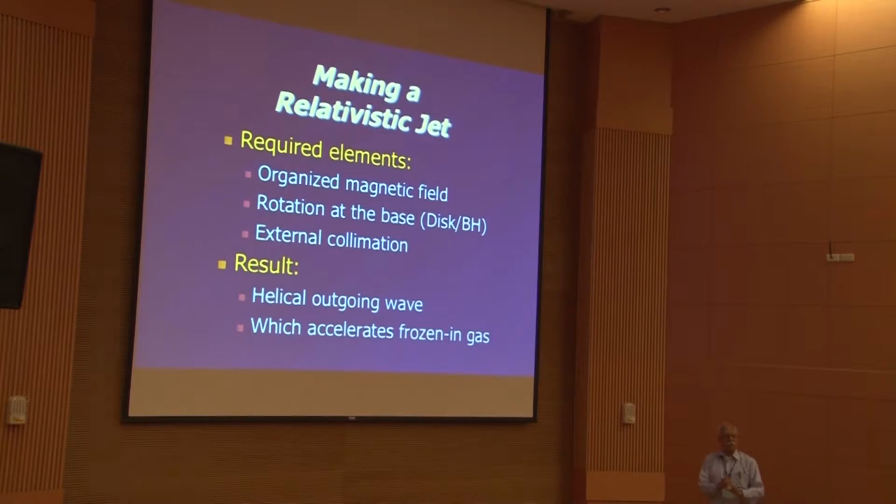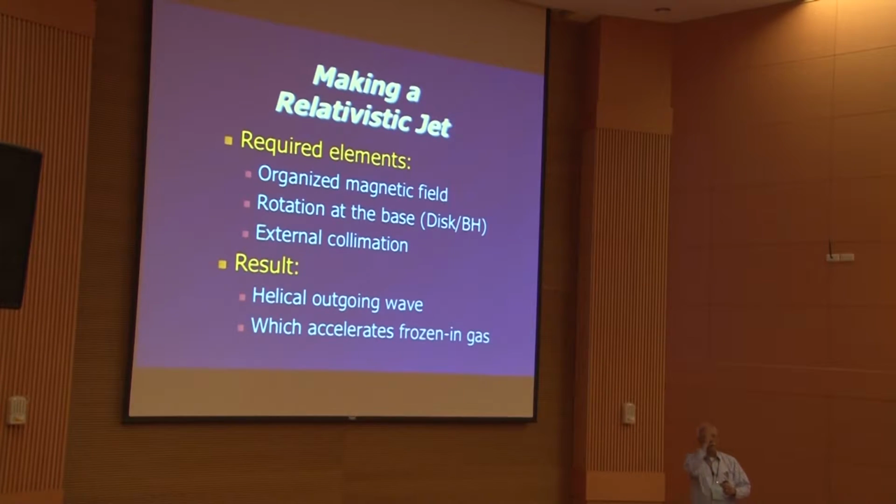Okay, so here is our current understanding. People have talked about many mechanisms, but I would say pretty much everybody has converged finally on some magnetically driven way of producing jets. So you have some large-scale magnetic field, somewhere at the base near the equatorial plane, being rotated by the accretion disk or the black hole or whatever.